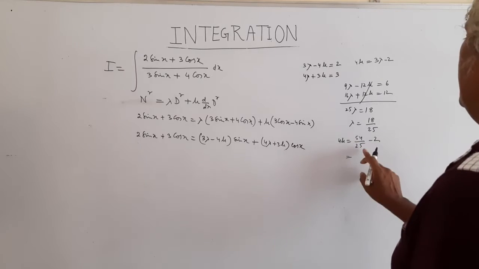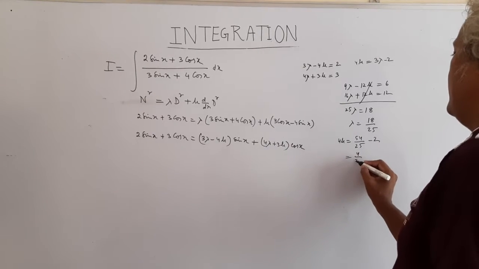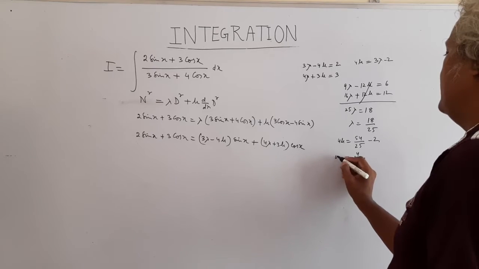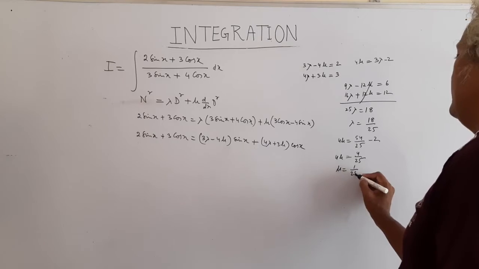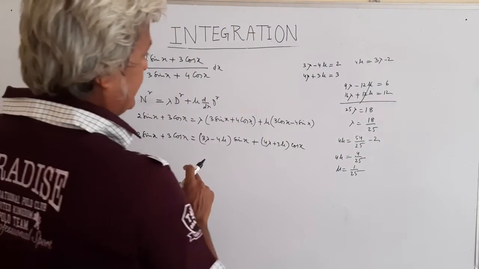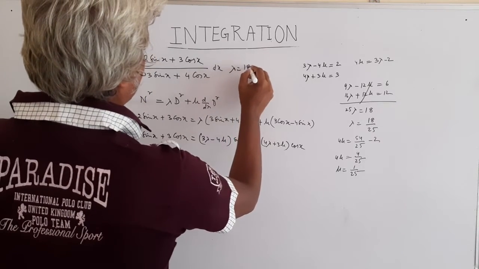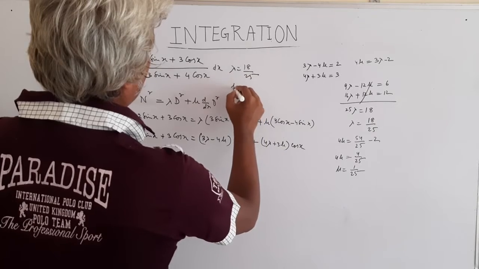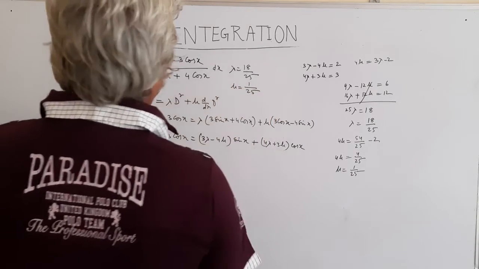So this gives me 54 minus 50, that is 4 over 25, and this is 4 mu. So mu equal to 1 over 25. So we are getting lambda as 18 over 25, and mu as 1 over 25.